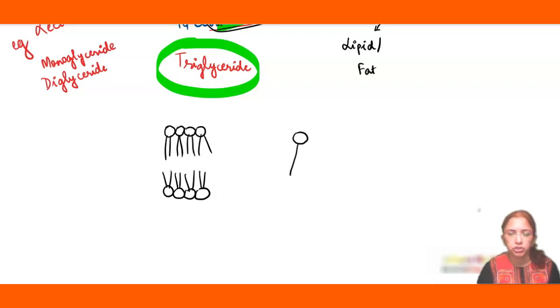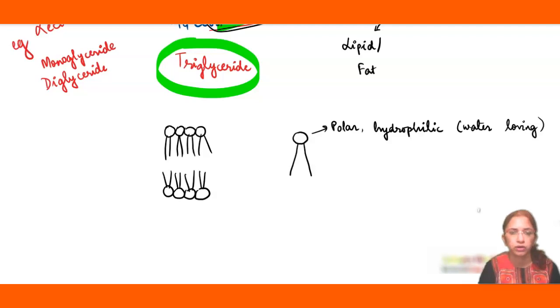Generally a lipid is shown like this, and this is the polar part, and this is hydrophilic in nature, means it is water loving. Water loving means it can stay close to the water, whereas these two chains are non-polar in nature, and they are hydrophobic, means they have a phobia with water, means they are water repelling.